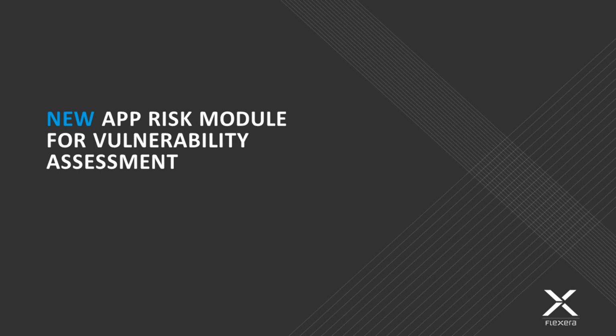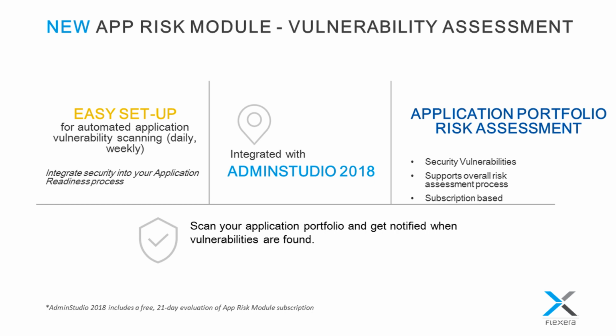And then our big new feature: we got rid of the old modules and at the same time introduced one new one, and that's the App Risk module for vulnerability assessment. This is going to provide a way for you to see what applications in your catalog have vulnerabilities known to them.